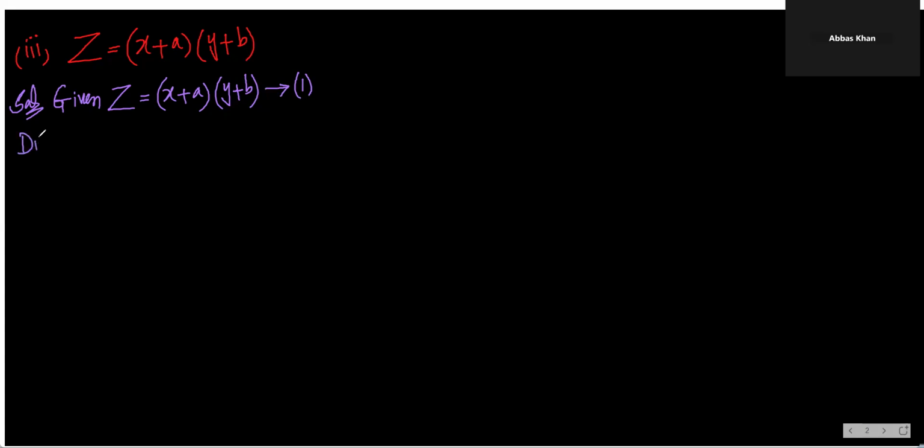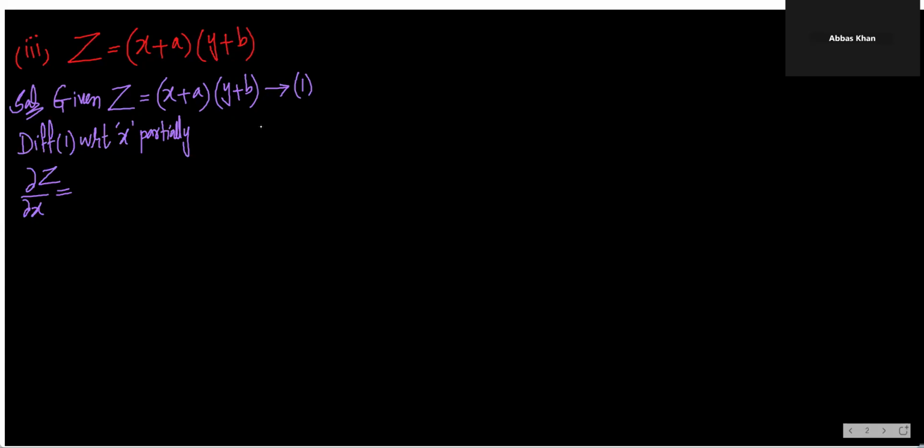Differentiate 1 with respect to x, partially. Now, Mr. Abbas can give me the answer. Dou by dou x of z is x plus a.